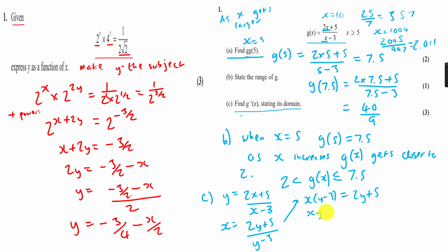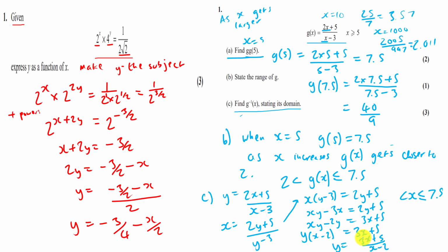Now we're going to get xy minus 3x equals 2y plus 5. We're going to bring all the y's together. So we get xy minus 2y equals 3x plus 5. Factorise the y out. y times (x minus 2) equals 3x plus 5. So y equals 3x plus 5 divided by x minus 2. And as you can see, x can't equal 2 here either, and that will be the domain.